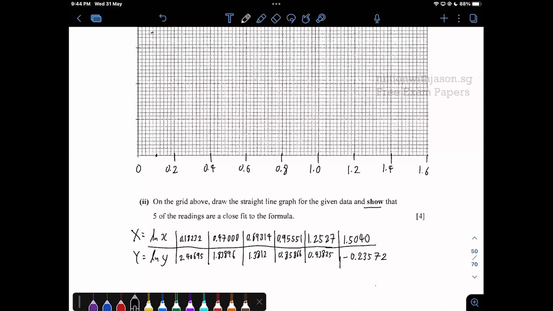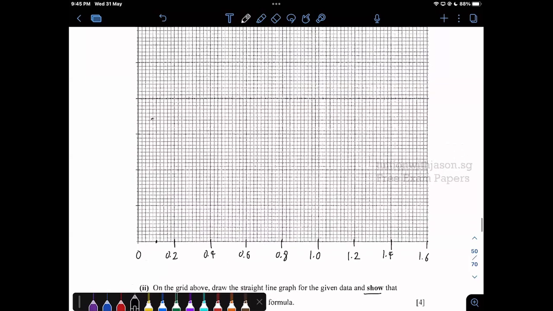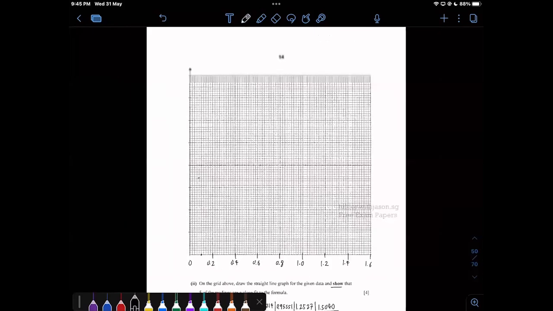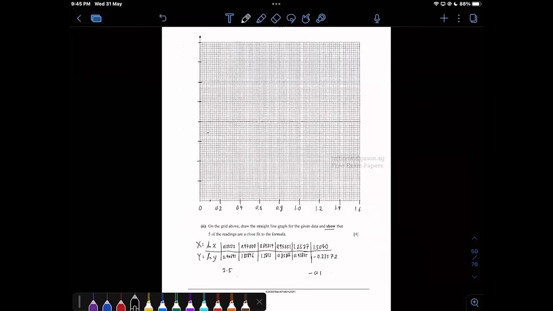Good. Then how about the Y? It goes from negative 0.2 to 2.4. So the range is around, let's say, negative 0.1 up to 2.5. So that's around 2.6, right? Okay, good. So let's see how much space we have. 10, 20, 30, 40, 50, 60, 70, and 80 tiny boxes.